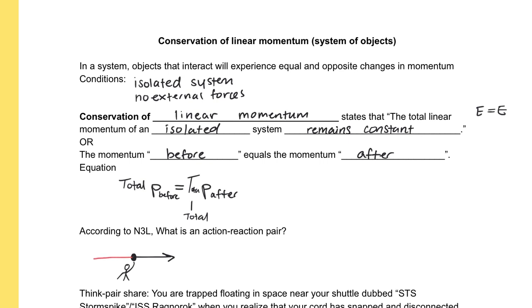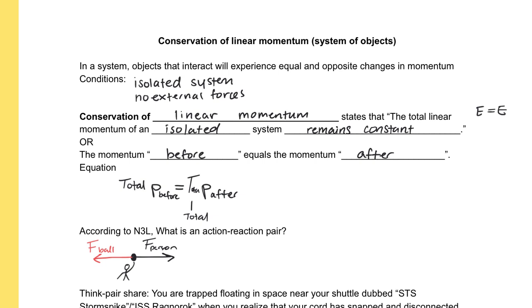That means there is going to be an equal and opposite force opposing him. So this is going to be the force of the person, and then this red part is going to be the force of the ball on the person. So that's an equal and opposite reaction.